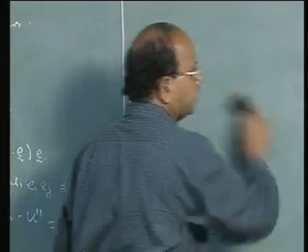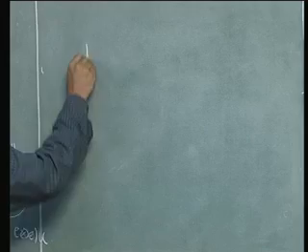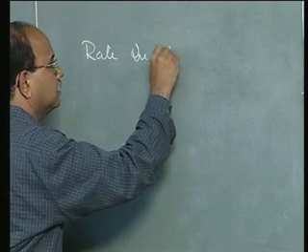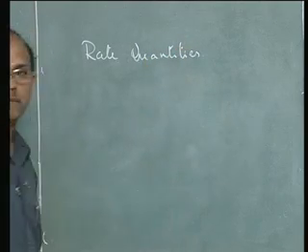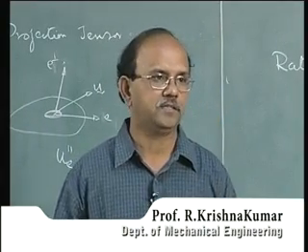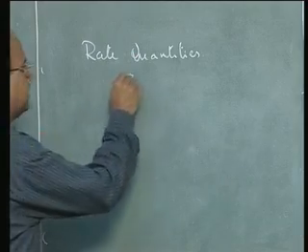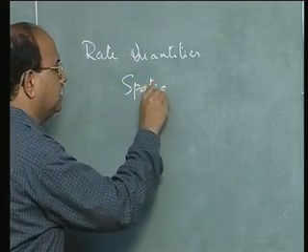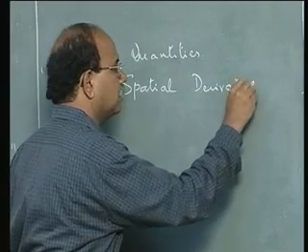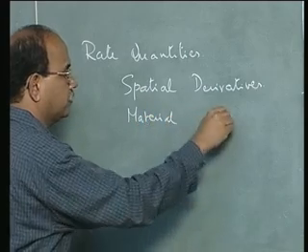Now we will proceed with what we called the rate quantities. We said that you can distinguish derivatives into two categories: one is called the spatial derivatives, and another is called the material derivatives.